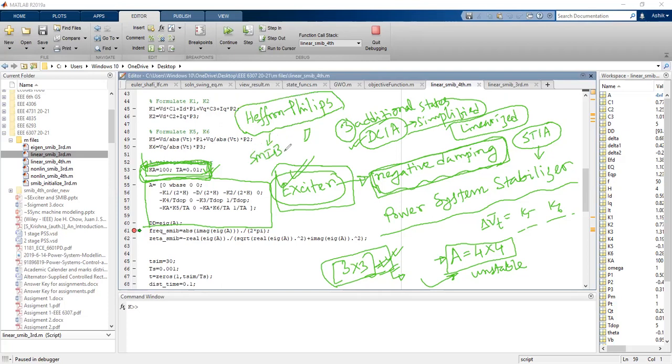The Heffron-Phillips model takes into account the exciter. It doesn't consider DC1A or any other exciter; it considers the simplified version of the ST1A exciter.